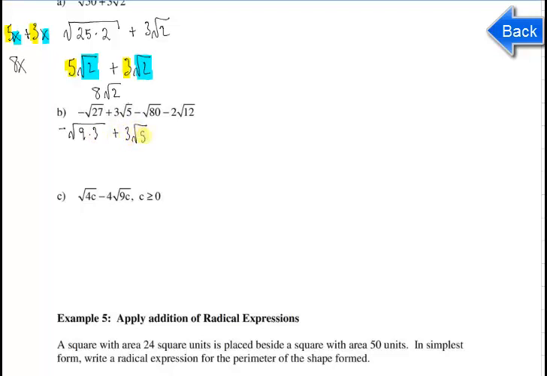You cannot simplify the square root of 5 any more than it already is. And root 80 can be written as 16 times 5, right? 16 is your perfect square, 5 is your prime number, or your number which you cannot take the square root of. And then minus 2 times the square root of 12, which can be written as 4 times 3.